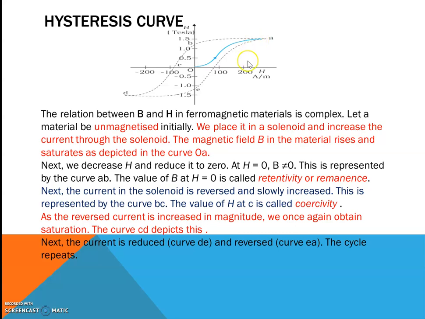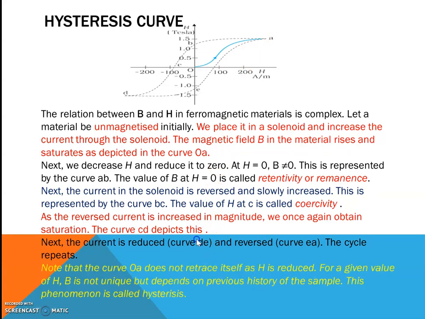Now one very important thing is noticeable here. OA does not retrace its path when current is increasing from 0 to higher values so as to reach the maximum value of magnetic field induction, that is saturation state.